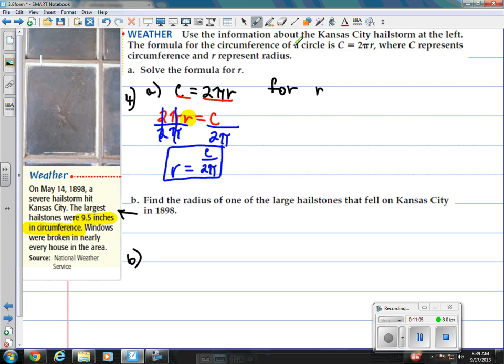Windows were broken in nearly every house in the area. Whenever we go back and reread our question, it says find the radius of one of the large hailstones. So we're looking for r. If you go back to the reading, it says 9.5 inches in circumference. And we know from up here, our circumference is our c. So 9.5 is our c.